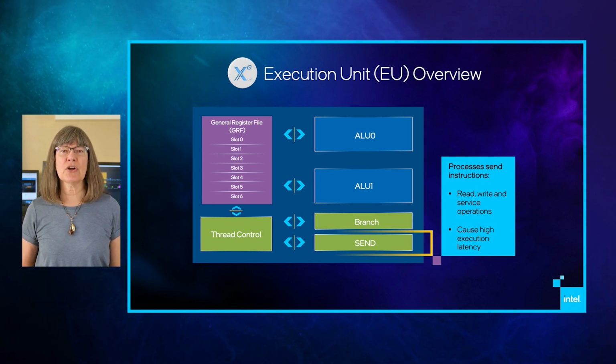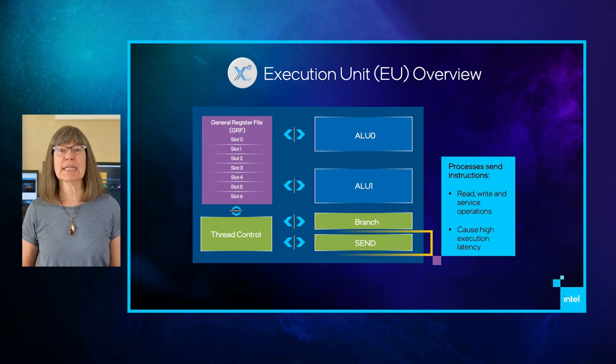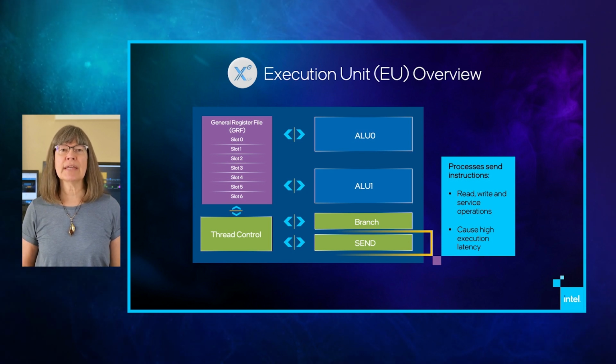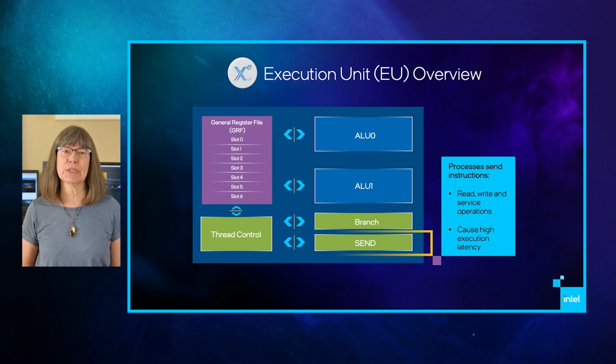These instructions are called asynchronous, as their execution time is not deterministic and depends on many factors, such as data locality in various cache levels and overall memory bus utilization rate. For this reason, they usually introduce a large execution latency while data is being read or written. The EU is designed to hide this latency by loading up to 7 threads in each EU.